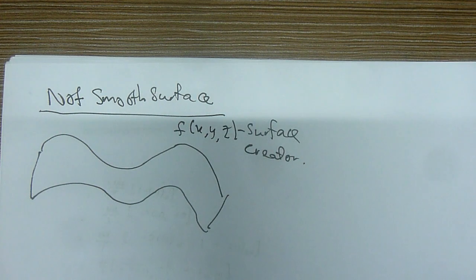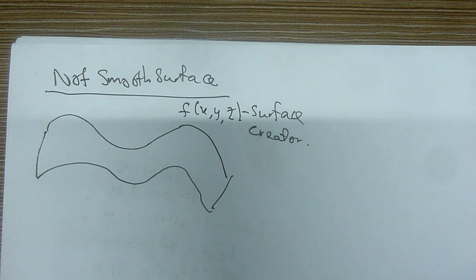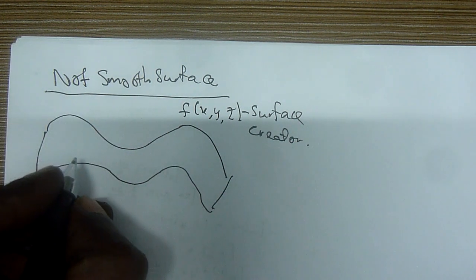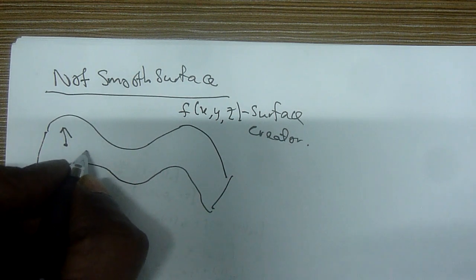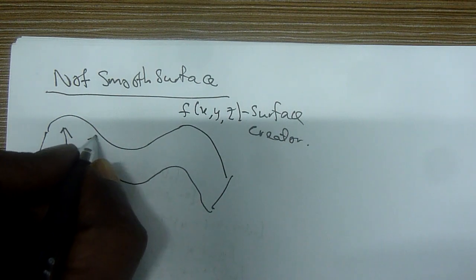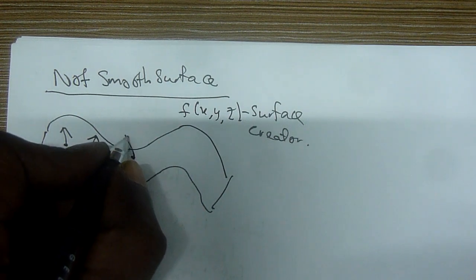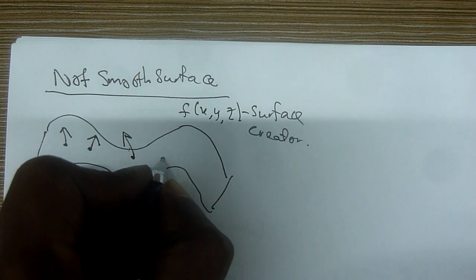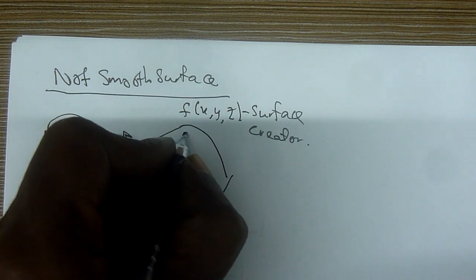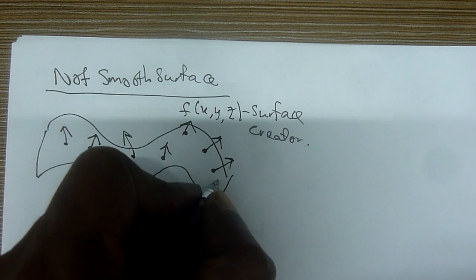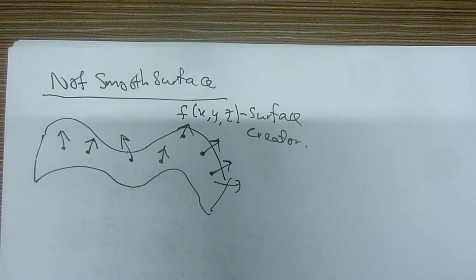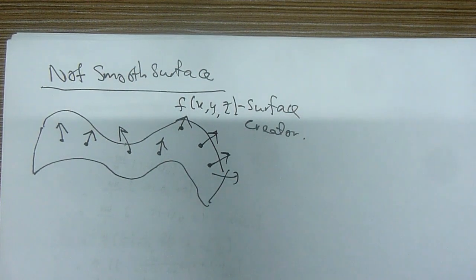Now we're going to identify the surface creator and how it really works in this scenario. Let's say there are various types of surfaces. The normal is something like this. It's not straight anyway. This is not a smooth surface.